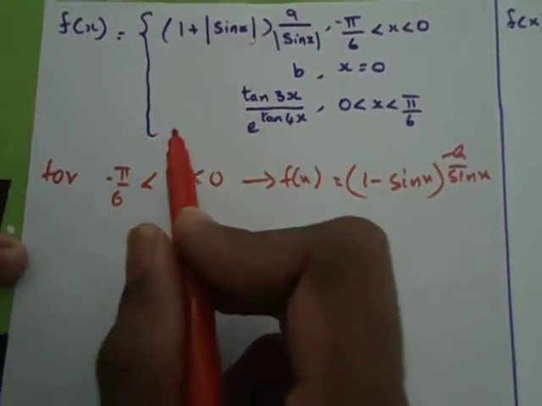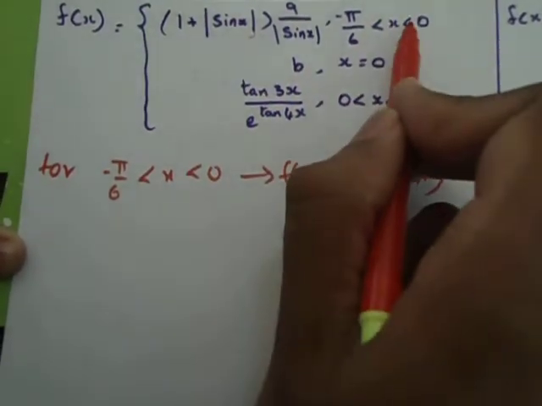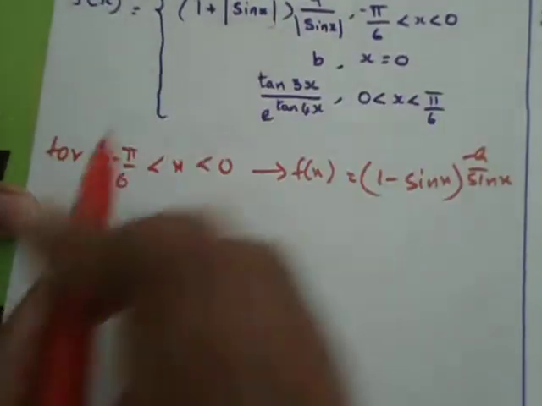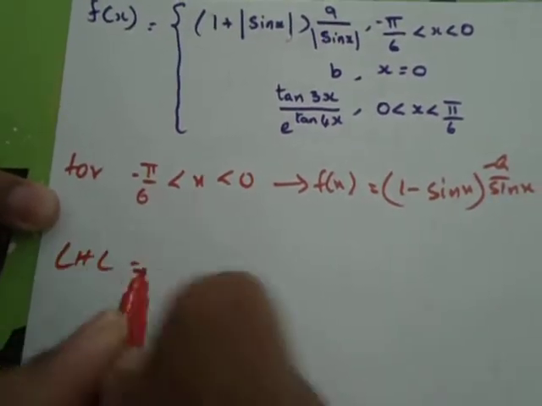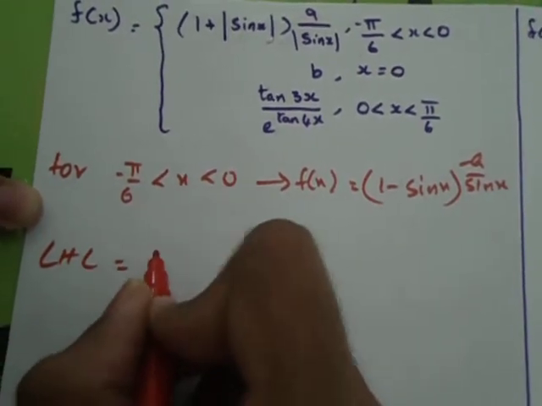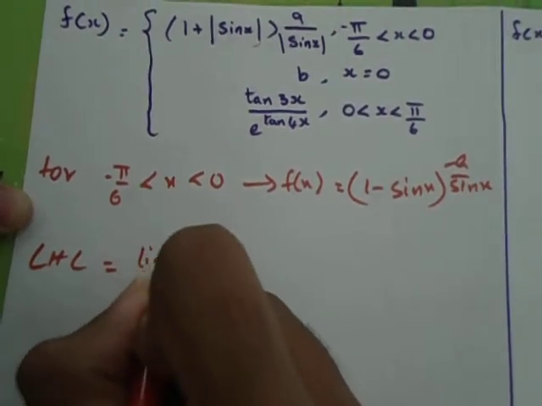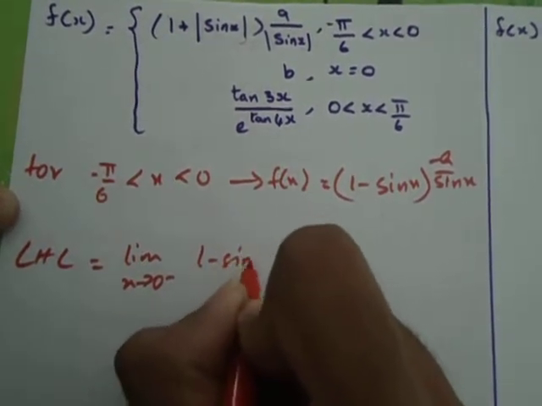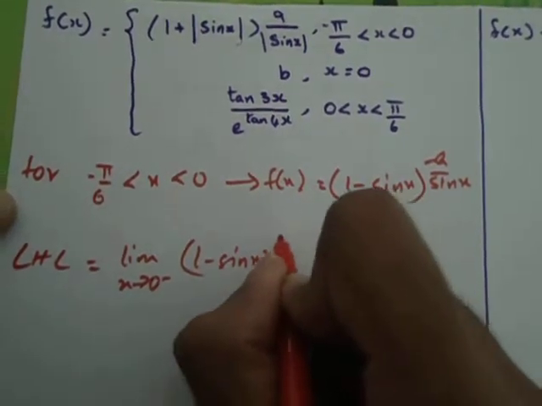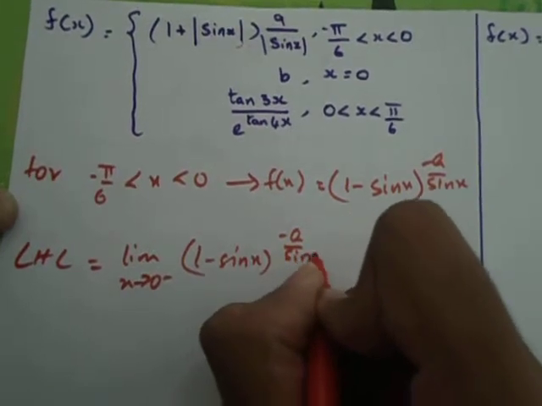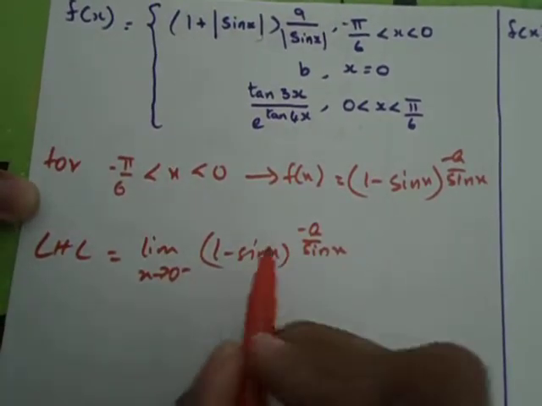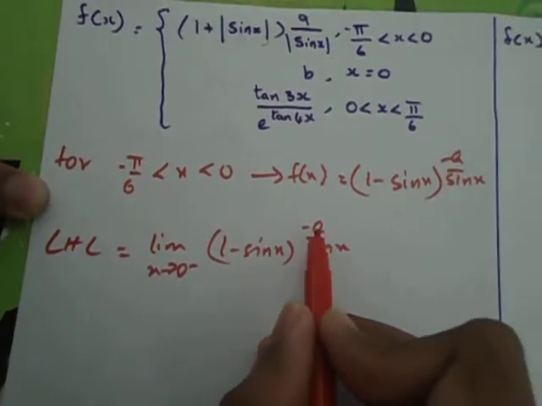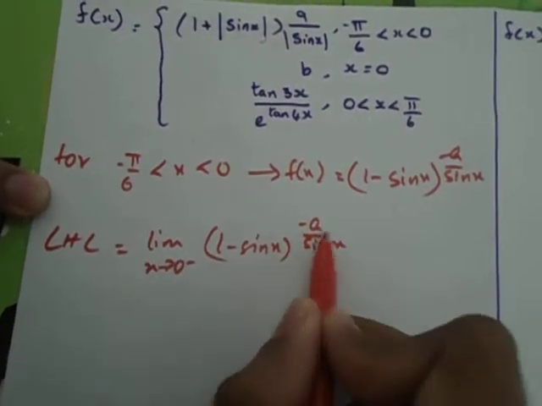Now let's check the continuity at 0. That's where the transition occurs. So LHL first. That is limit x tends to 0 minus 1 minus sin x power minus a by sin x. So when we substitute 0, we see that becomes 1 minus 0 is 1, and minus a by 0 is infinity, 1 power infinity.